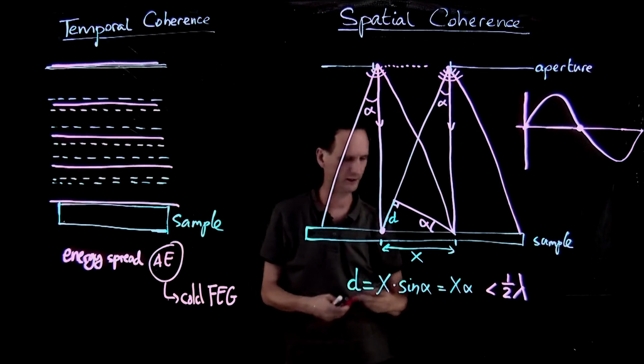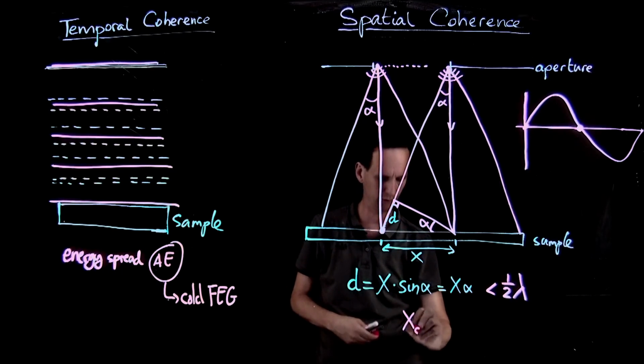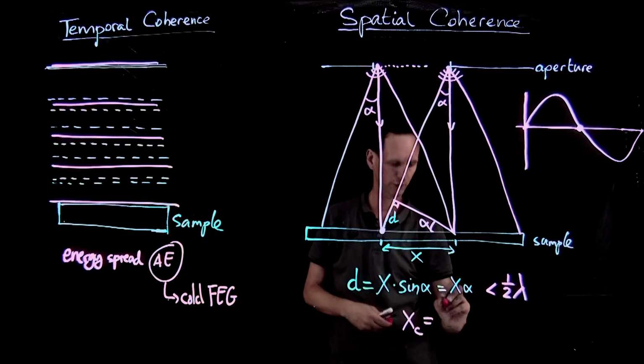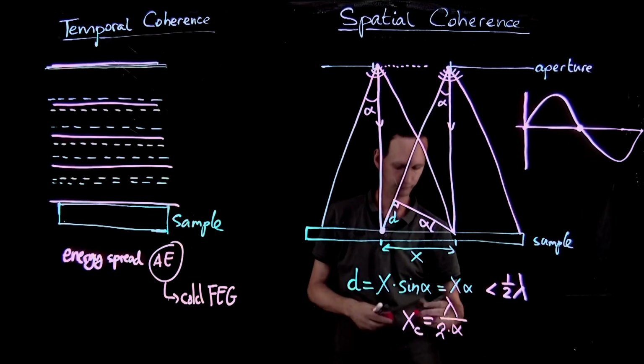Now if we rewrite this, we see that there is a critical value, which we call the coherence length, which is equal to lambda over 2 times the opening angle.